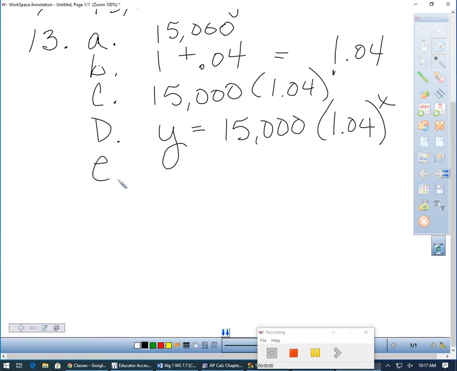Then in part E, it simply tells you they want to know how many are enrolled after 25 years. So where am I going to plug my 25 into? Thank you. So I have y equals 15,000 times 1.04 to the 25.